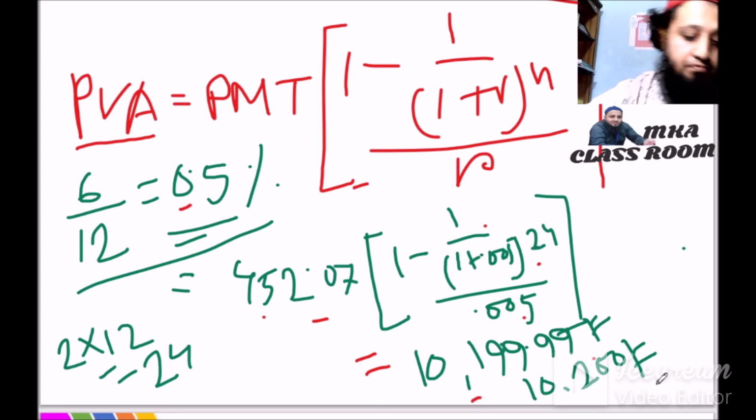So if you pay 10,200 taka today, you will kill off your previous loan.